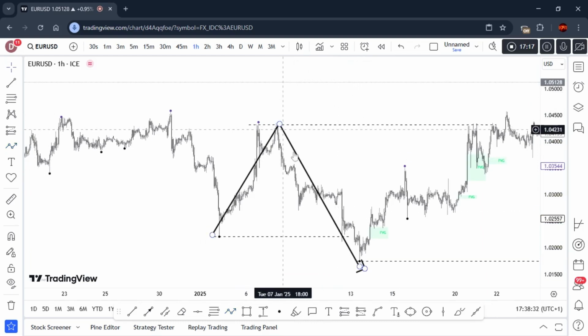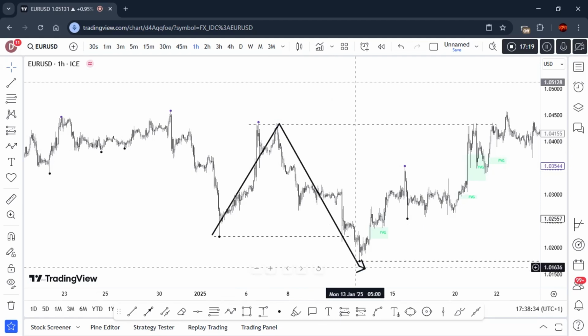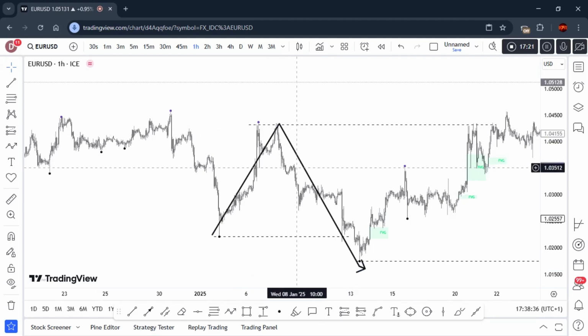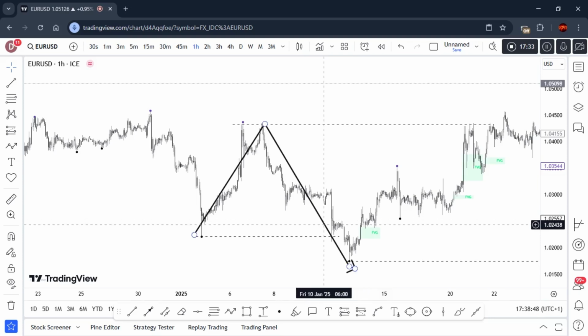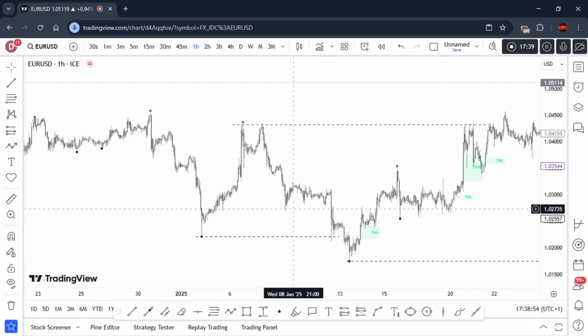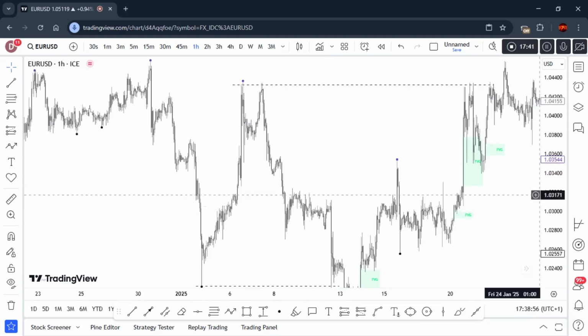Now for this 4 hour leg to come down like this, or for this continuation to happen, there's going to be a lot of internal pullbacks to facilitate that movement to the downside. I don't know if it's clear, right? It has to be facilitated by what? The internal time frame, which is the 1 hour time frame. And if you look from here, you would notice that it facilitated it.